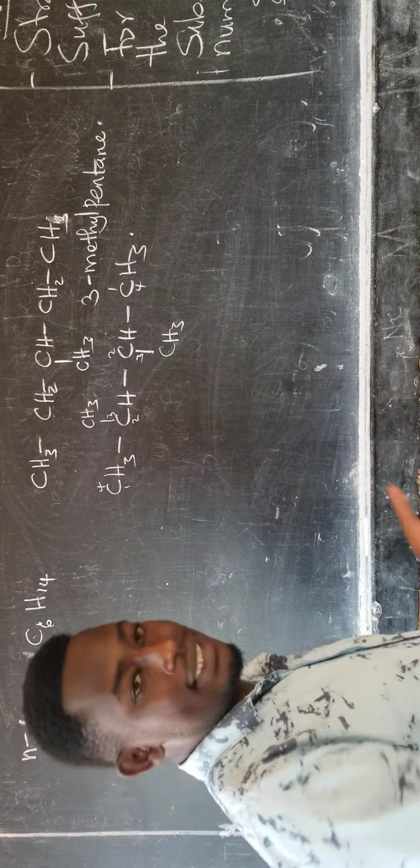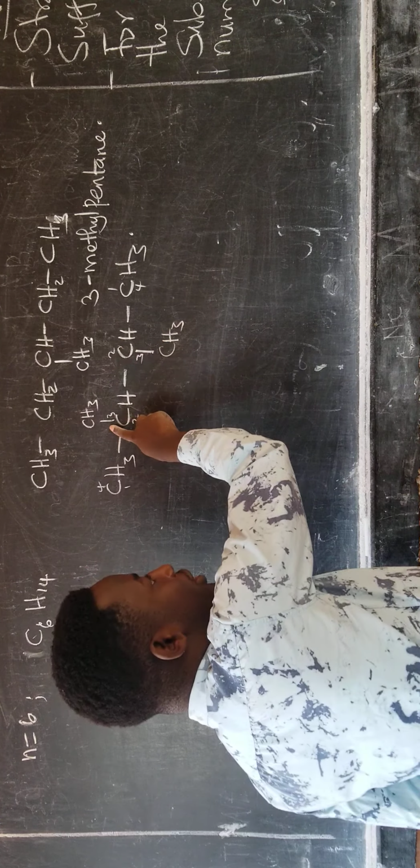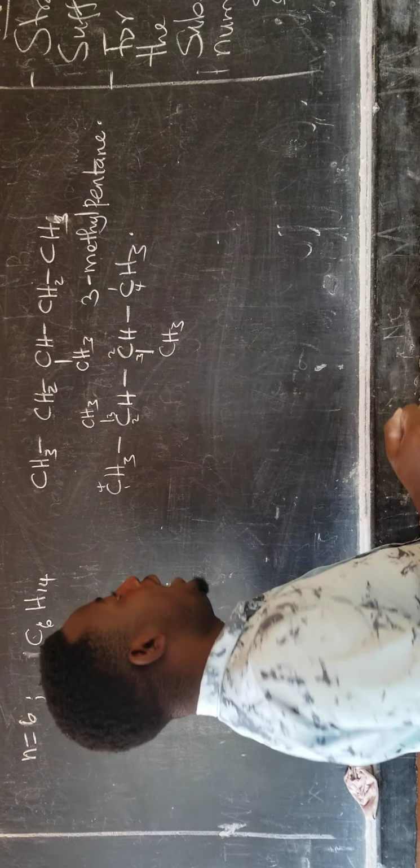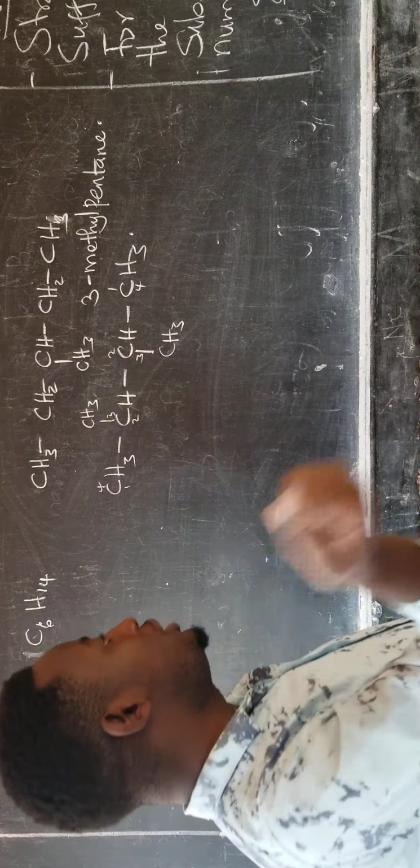Here this is position number 2, this is position number 3. So when I add their positions, it is 5. If I take the numbering from this side, this will be position 2, this will be position 3, still 5. So from anywhere I start, the naming will be the same.